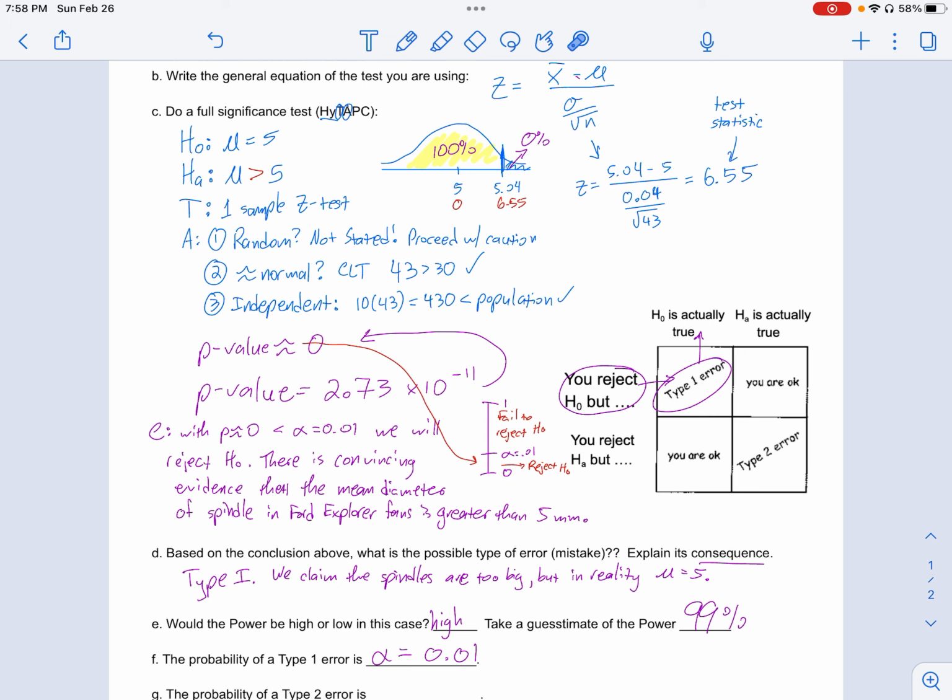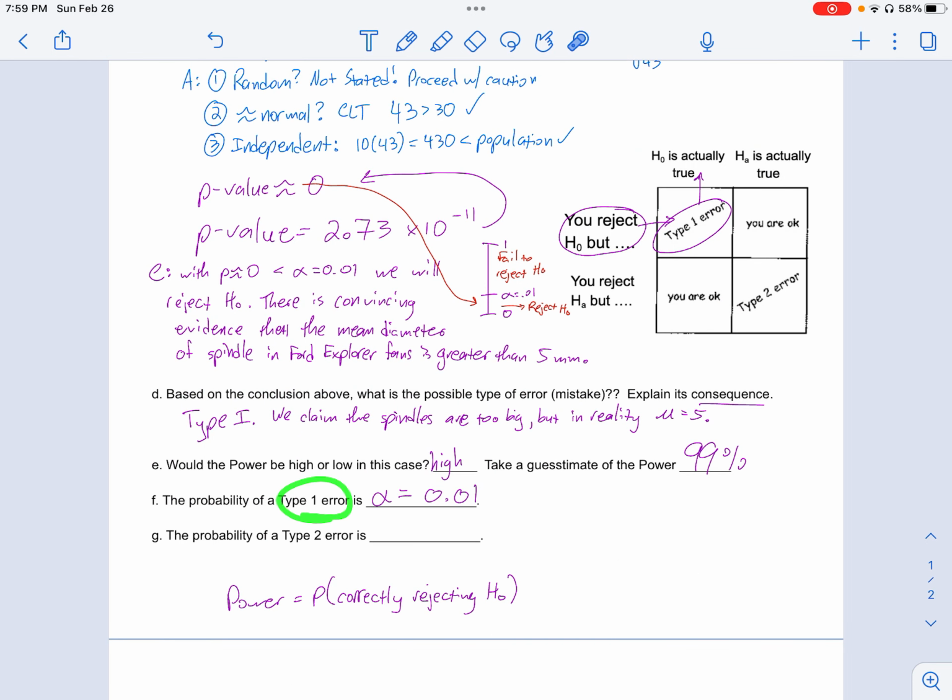If 5 is the truth, if 5 is the average of all the spindles, then a sample like ours will randomly occur 0% of the time. But say it was 1%. If 5 is the truth, this sample will occur randomly 1% of the time, even when 5 is the truth. So that maybe helps you understand why the probability of a type 1 error is whatever alpha is set to be.